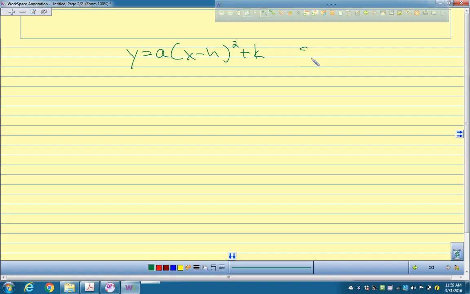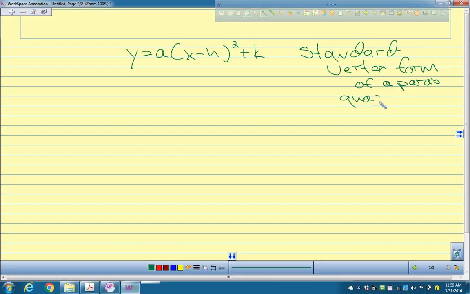This is called standard form, or vertex form, of a parabola, a quadratic equation.